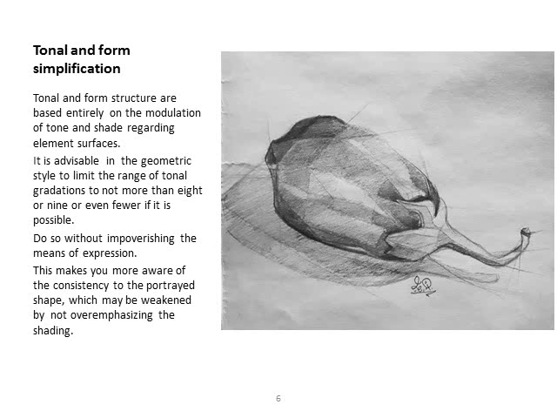Tonal and form structure are based entirely on the modulation of tone and shade regarding element surfaces. It's advisable in the geometric style to limit the range of tonal gradation to not more than 8 or 9, or even fewer if possible.